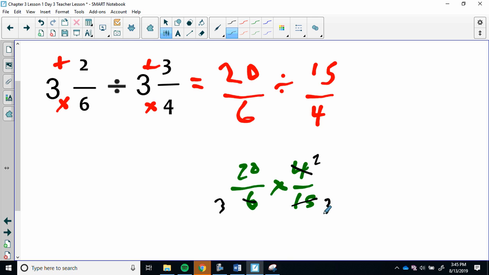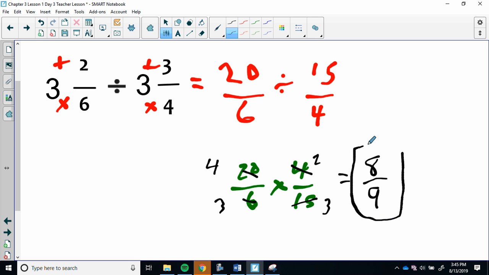So that makes that 3, and 20 divided by 5 is 4. Now we have some smaller numbers. We're not dealing with such big numbers, and you got 8 over 9. Now, just because you do this doesn't necessarily mean that this is in simplest form. It does happen to work out in this case that this would be your answer, but still make sure that you plan on checking to see if your answer is in simplest form.